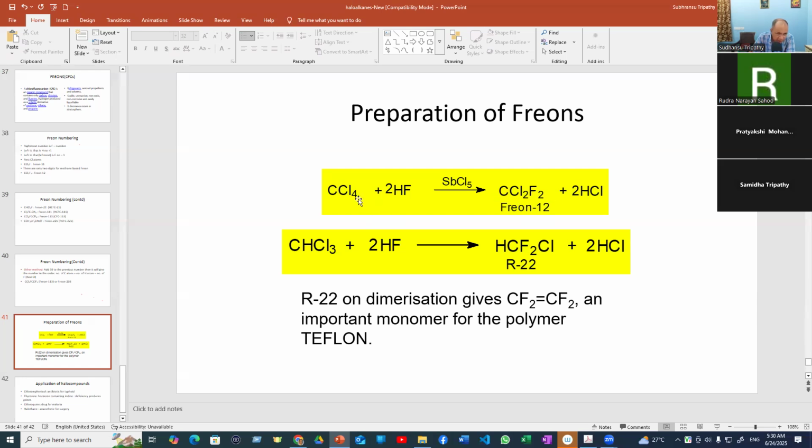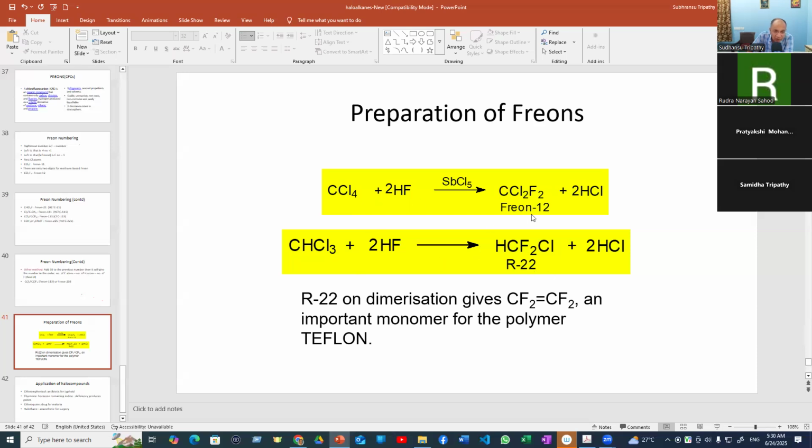That is prepared from carbon tetrachloride with HF, with antimony pentachloride, or antimony 5 chloride, as catalyst. You can also get Freon 22, or sometimes it is called R22. That is with chloroform and HF.